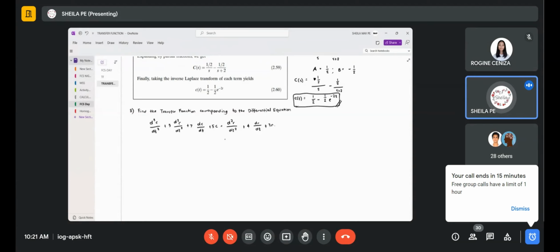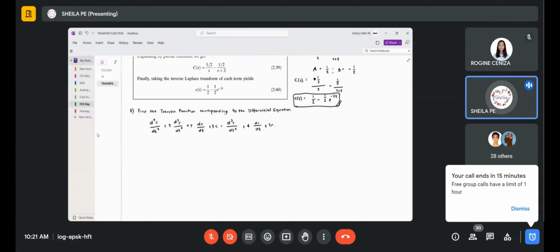That's the given. We need to find the equivalent transfer function corresponding to the differential equation d cubed c over dt cubed plus 3 d squared c over dt squared plus 7 dc over dt plus 5c equal to d squared r over dt squared plus 4 dr over dt plus 3r. Okay, that's the given differential equation. We need to find the transfer function G(s).